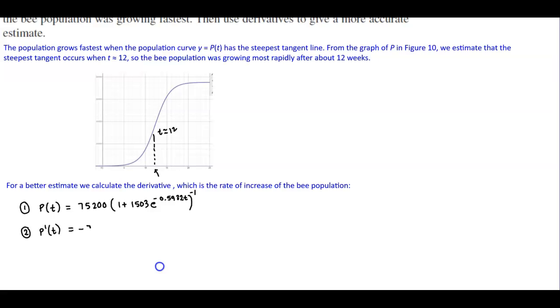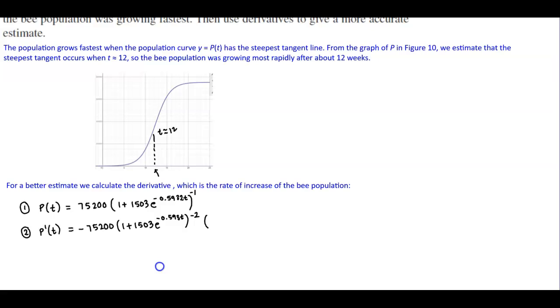So it's going to be negative 75,200 times 1 plus 1503 e to the negative 0.5932t, and that's to the negative 2. And then we're going to multiply it by the derivative of what's inside.